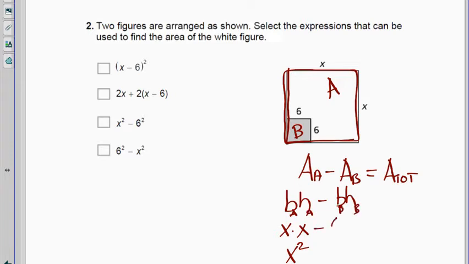Minus 6 times 6, minus 36. So here is our formula, x squared minus 36. Coming over here, it looks like it's going to be this one, x squared minus 6 squared. 6 squared is 36. So 6 times 6 is 6 to the second power. So that's where that's all coming from.